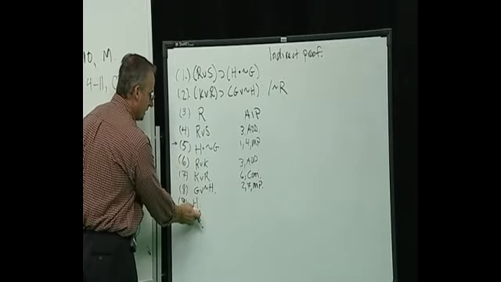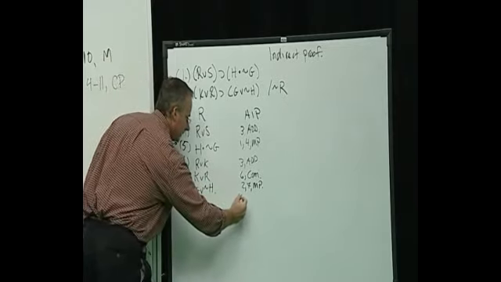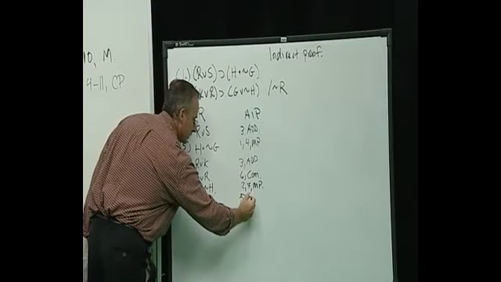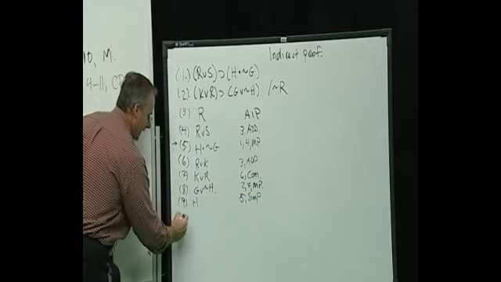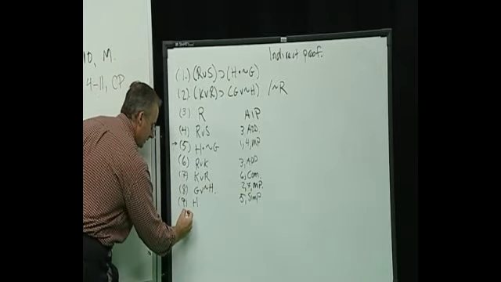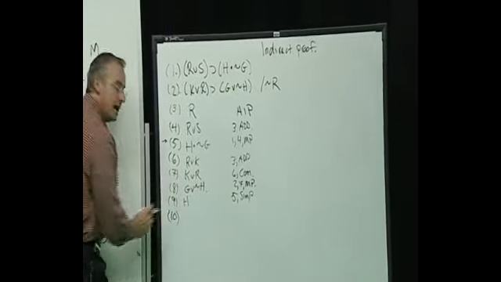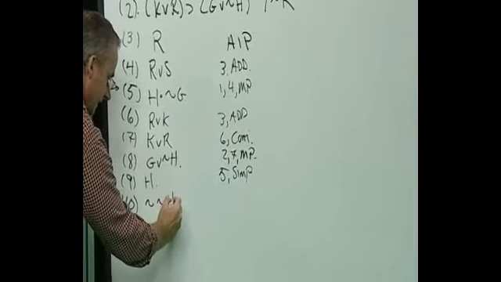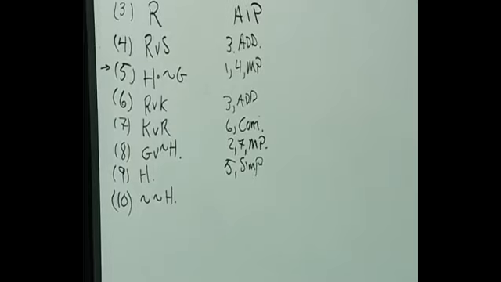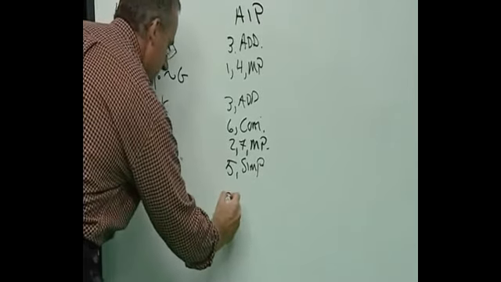Okay, so we get out H from line 5 by the rule of simplification. That's a conjunction. And then on line 10, we can rewrite H as not not H. That's the rule of double negation.